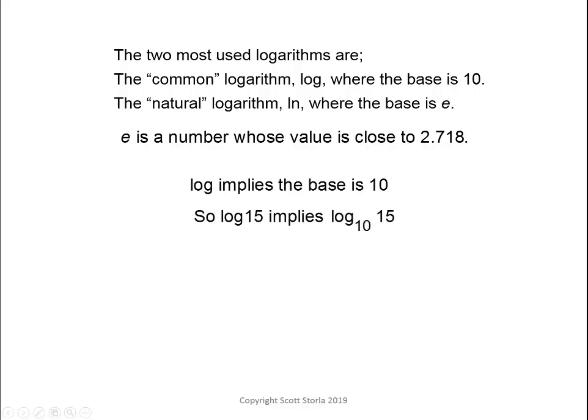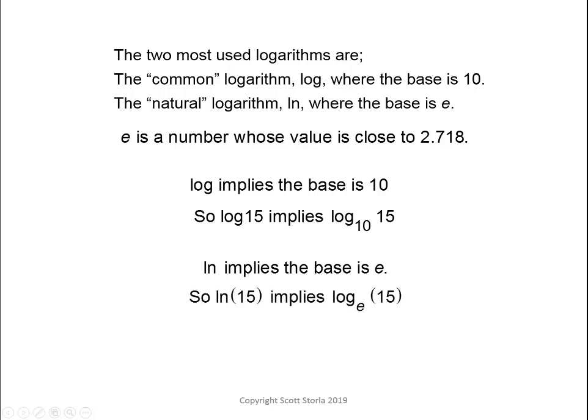So log 15, for instance, would be log with a base of 10 of 15. And ln implies that the base is an e. So if we said ln 15, it would be log base e of 15. And again, this number e is something close to 2.718.